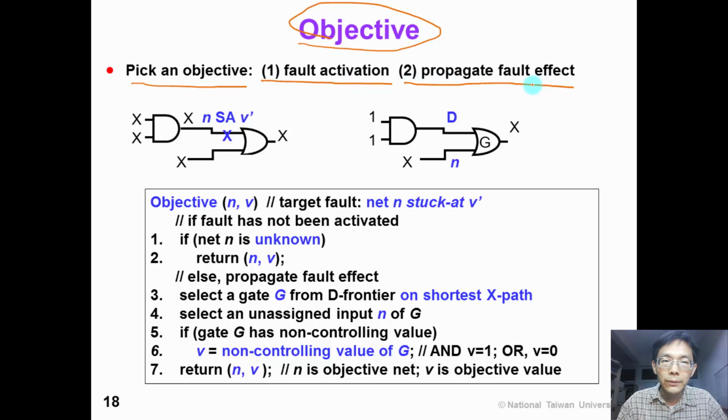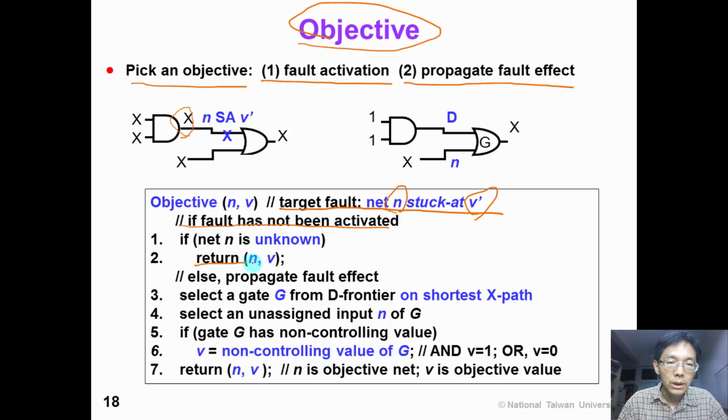Second, if the fault has been activated, then we set an objective to propagate the fault effect. Given a target fault on net n stuck-at v prime value, if the fault has not been activated, like the figure on the left, the signal of net n is still unknown.